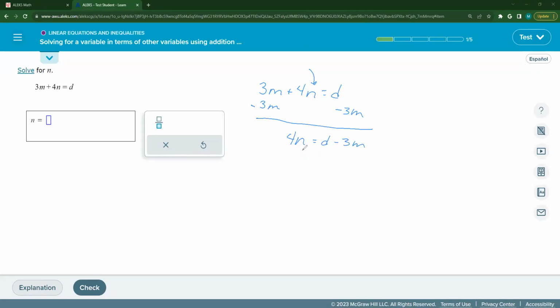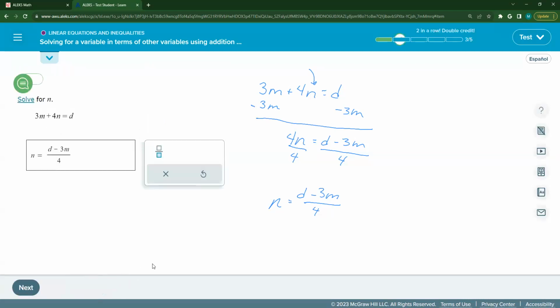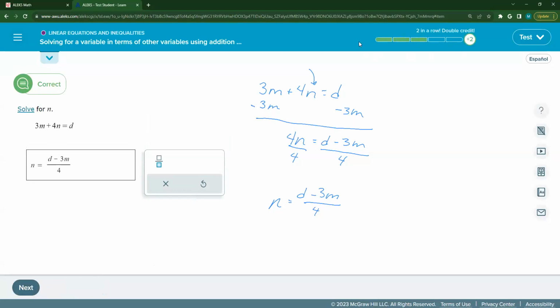I still need the n by itself, so I'm going to divide both sides by 4. So I have n equals d minus 3m over 4. And typing that in is my fraction d minus 3m, and then I have my 4 on the bottom, and I can check, and that is good.